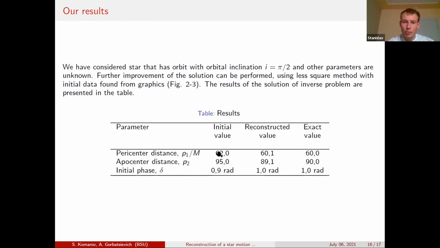The first column is the solution that we obtain from the graphics presented in the previous slide. And the second column is the reconstructed value of the parameters of motion that are obtained after application of the standard least squares method. And it is seen that we obtain quite good accuracy for the solution of the problem.